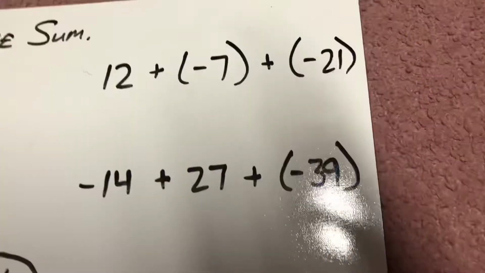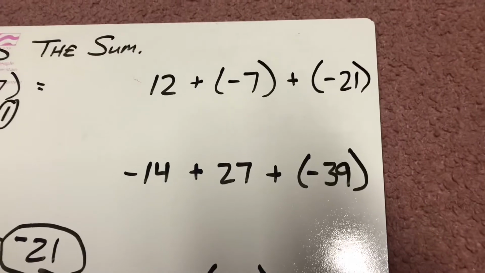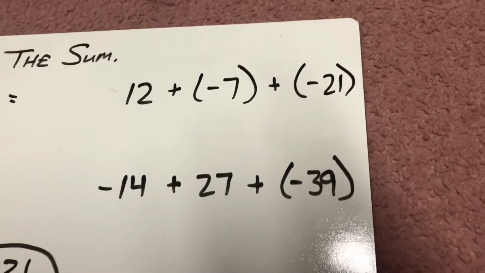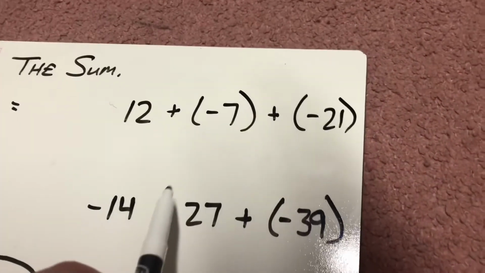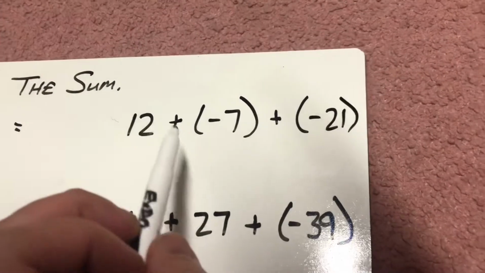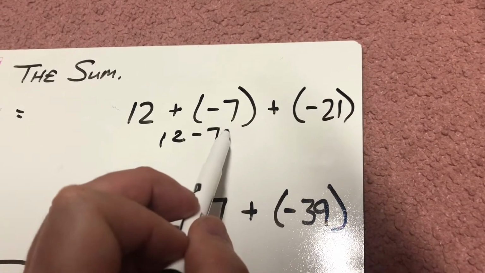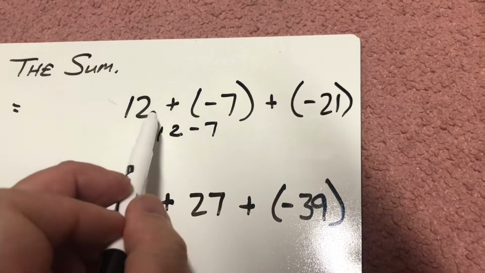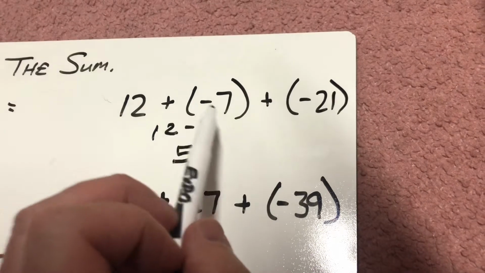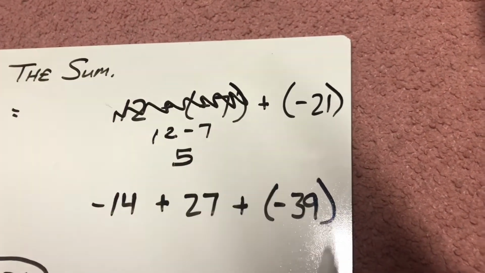You're also going to have some where you find the sum that involve 3 numbers. We're just going to break the problems down. First of all, if we look at this one, 12 plus negative 7 plus negative 21. Well, 12 plus negative 7 is the same as 12 minus 7. I know that 12 minus 7 is 5, which means this part, 12 plus negative 7, equals 5.